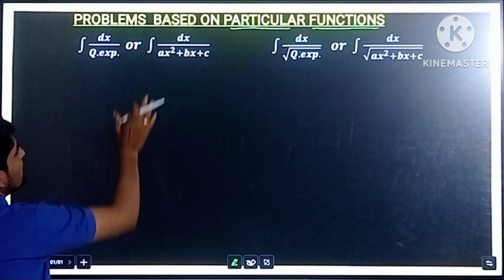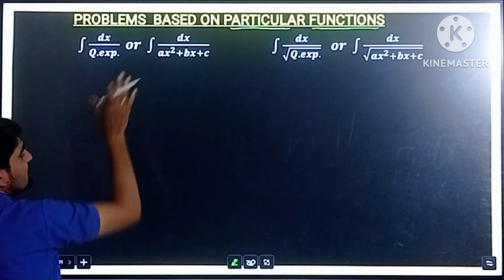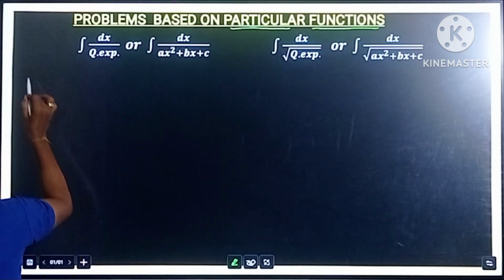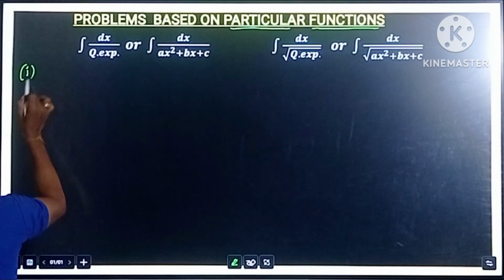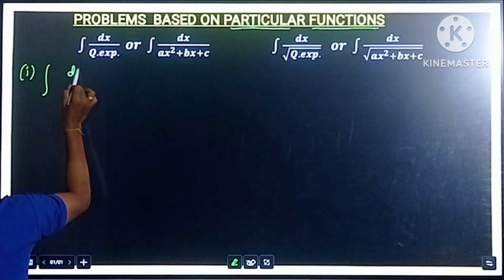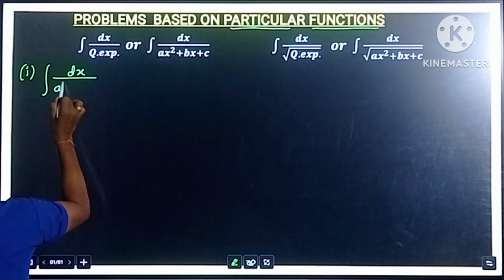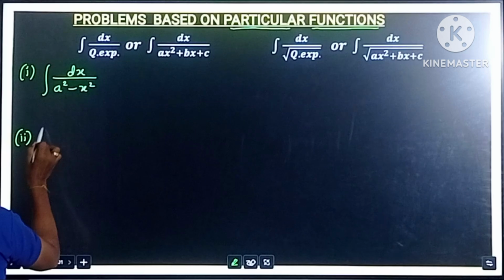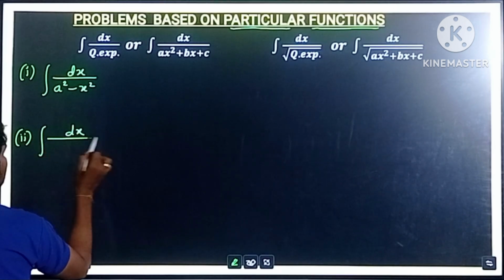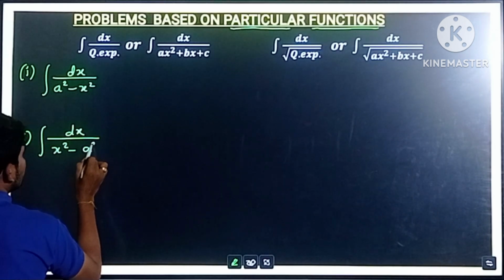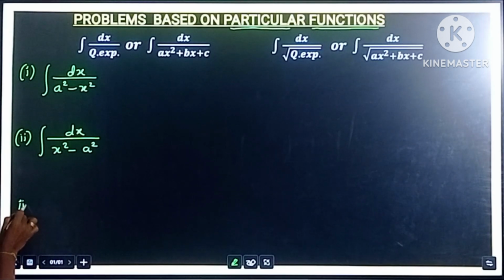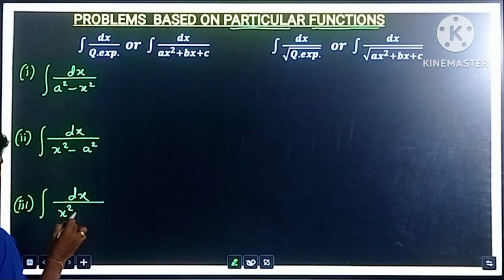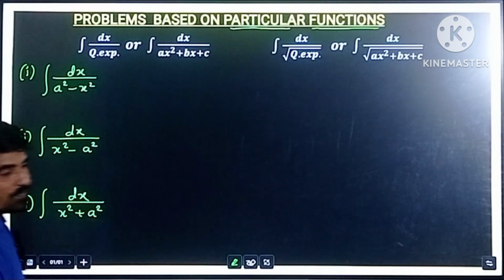In the first particular function form we have three subformats. The first one is integration of dx divided by a square minus x square, the second is integration of dx divided by x square minus a square, and the third is integration of dx divided by x square plus a square.